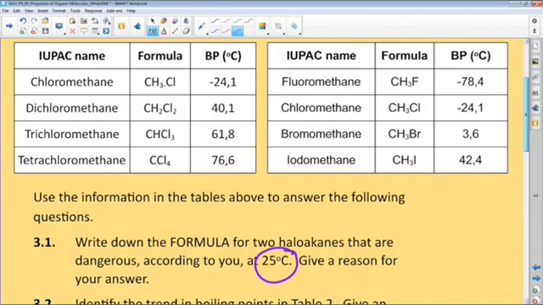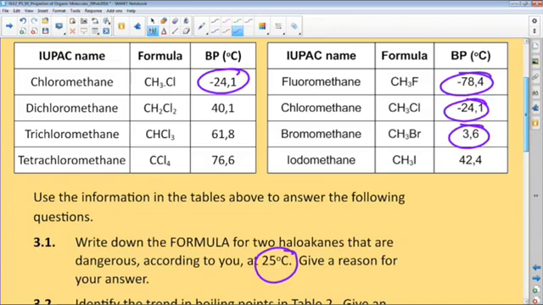If their boiling point is lower than 25 degrees, at 25 degrees, they will be a gas. So that's that one, that one, that one, and that one, okay?